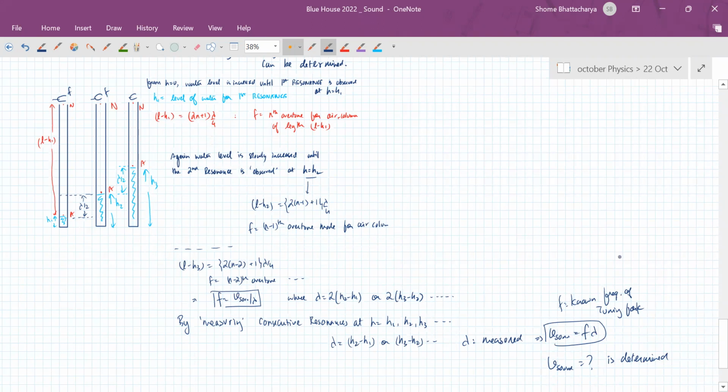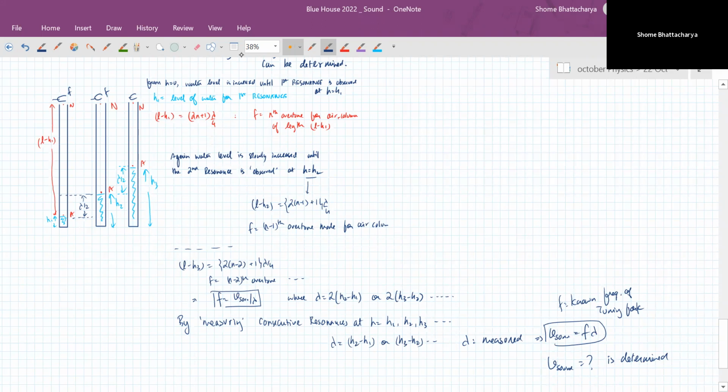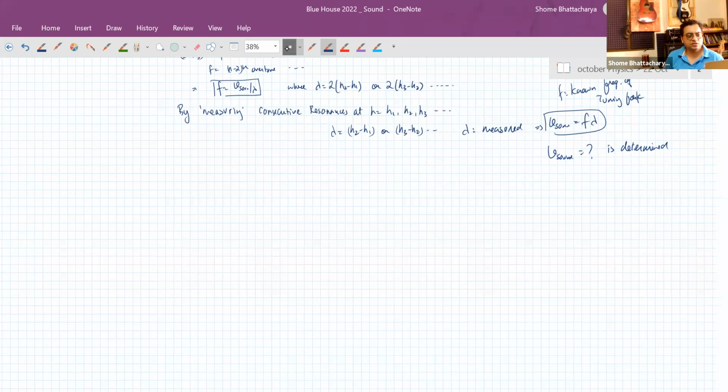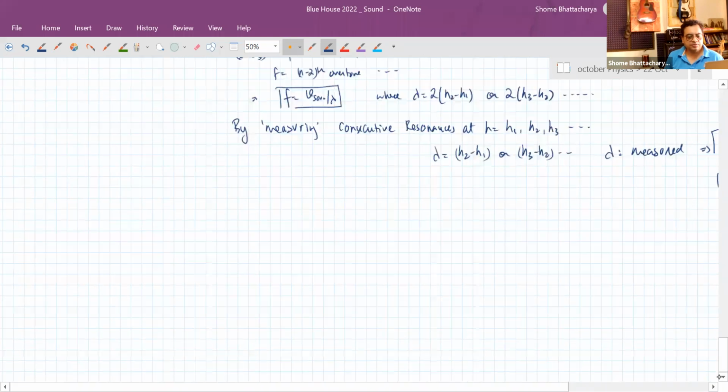Okay, so hope this concept of the resonance column experiment is clear to all of you. Now, when we actually do the experiment, there's just one minor added detail.